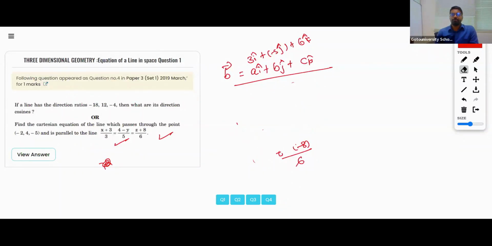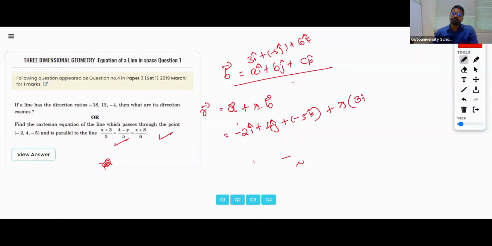First, we'll write it in the vector form and we can get it back to the Cartesian form, which is vector A plus lambda vector B. So the position vector of the point is minus 2i plus 4j plus 5k, plus lambda times 3i minus 5j plus 6k. Right, that is our equation.